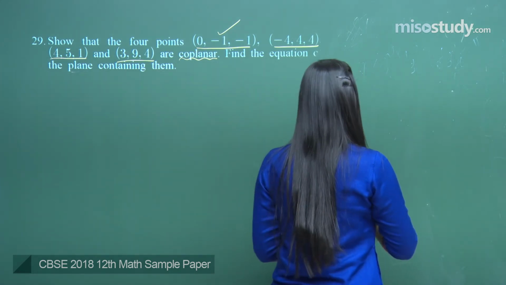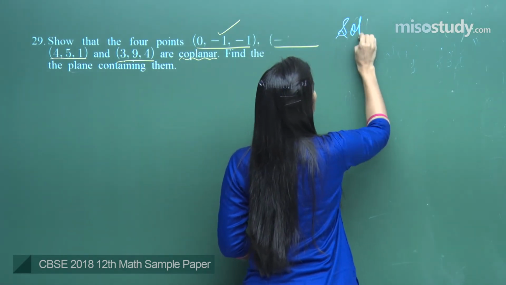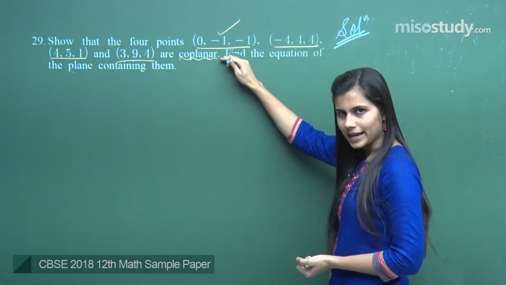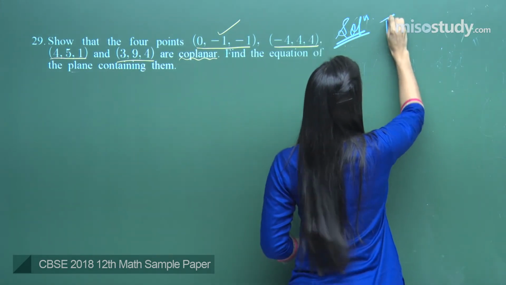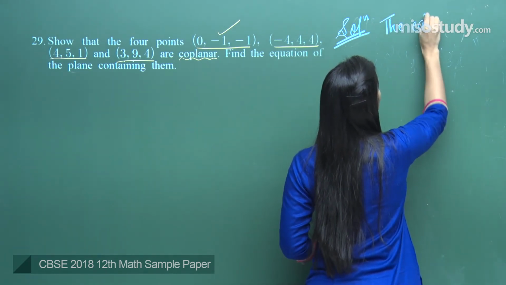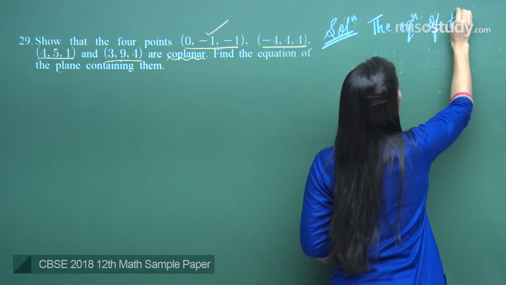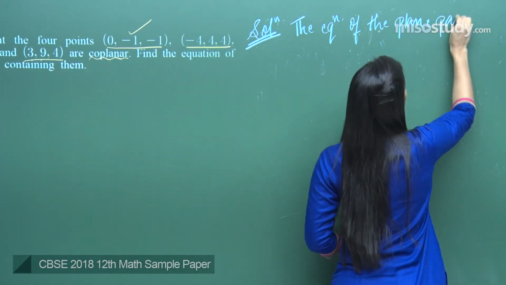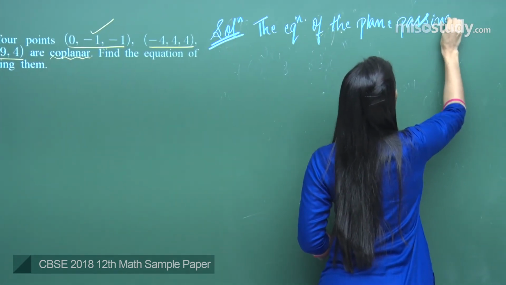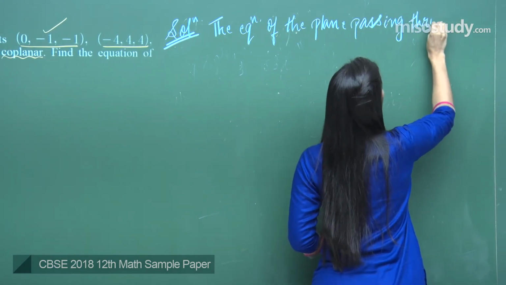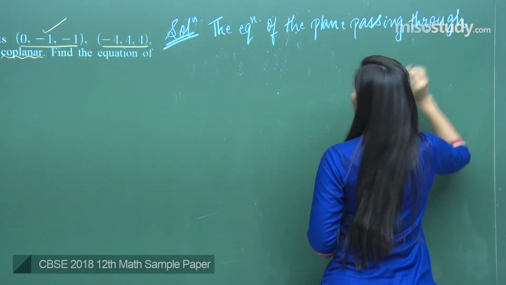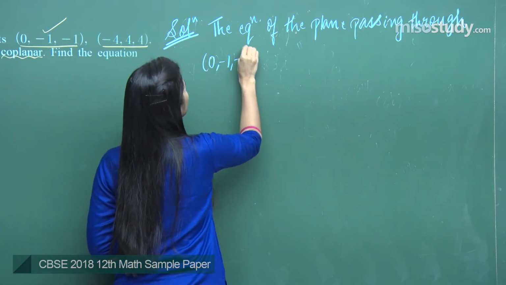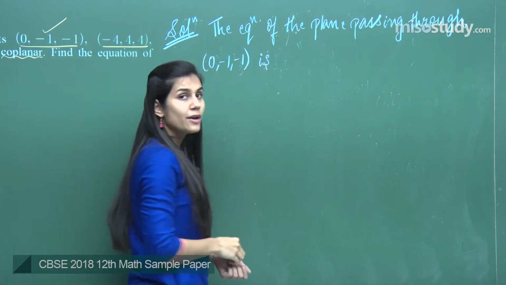If I say that I am focusing my attention on just this point, which is 0, minus 1, minus 1, then the equation of the plane passing through the point 0, minus 1, minus 1 is given by what?